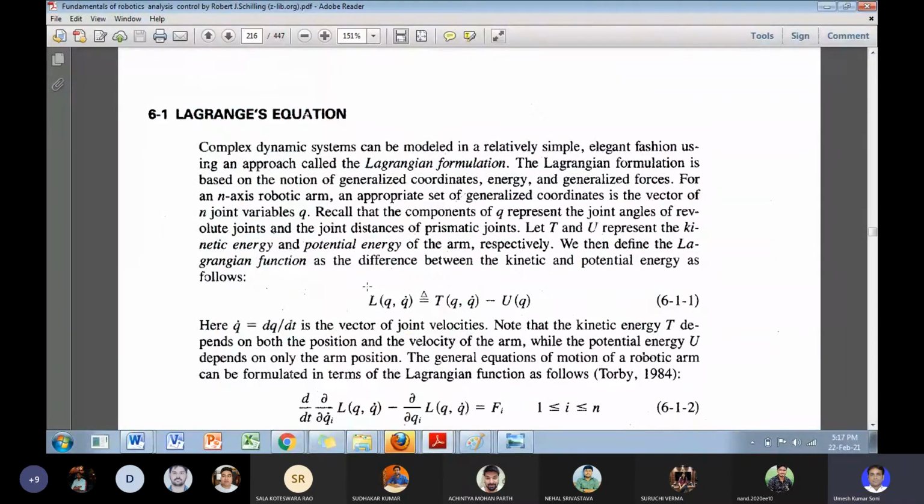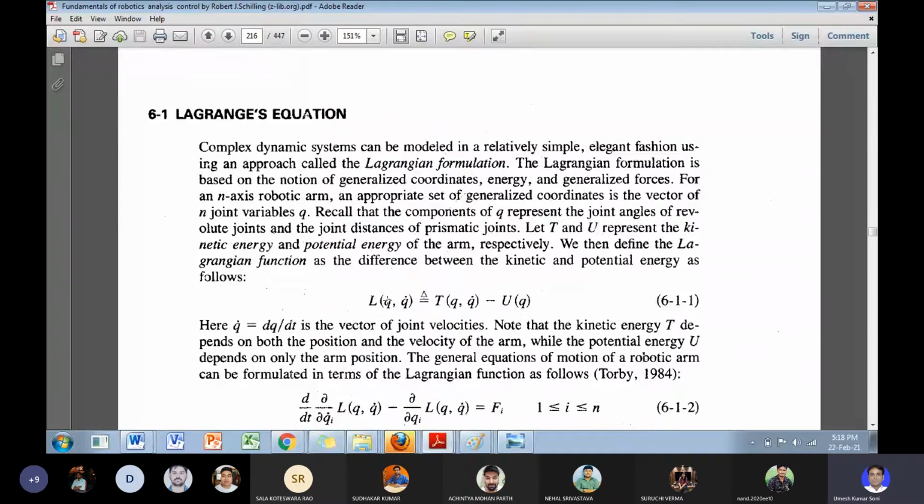function. So the Lagrange function depends on the link linear velocity as well as angular velocity. Suppose that one link is linear and it has a prismatic joint, so at the end of this prismatic joint another link will be there.